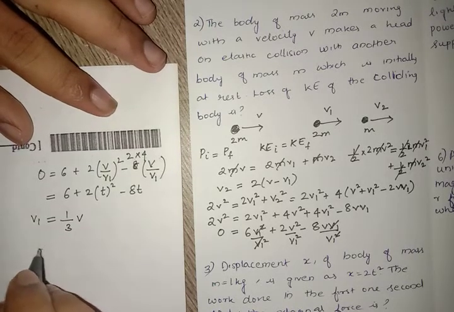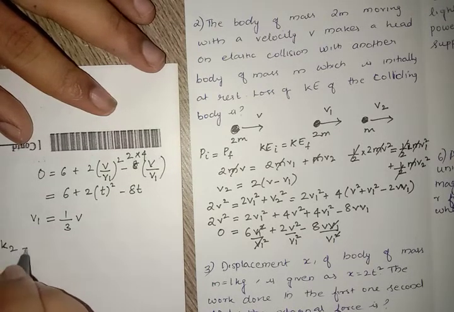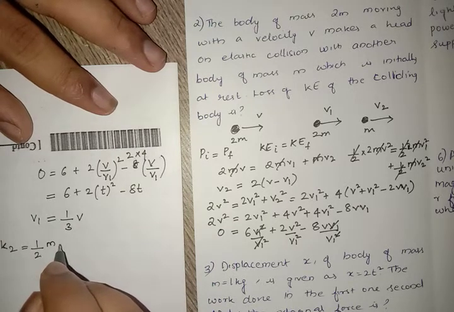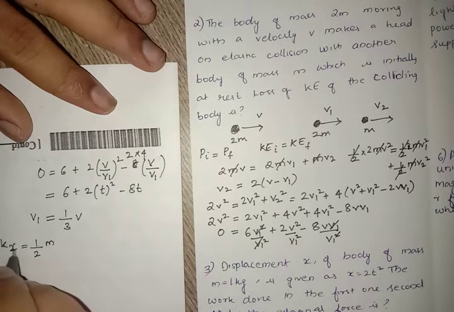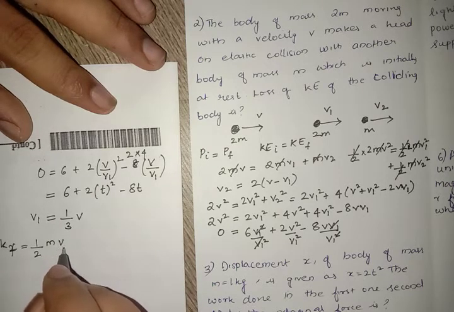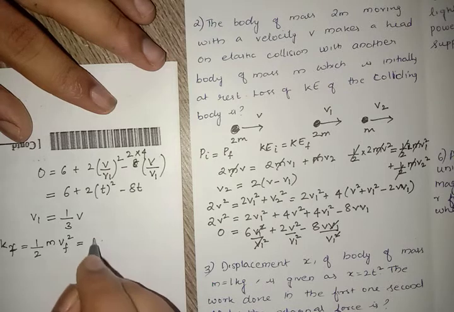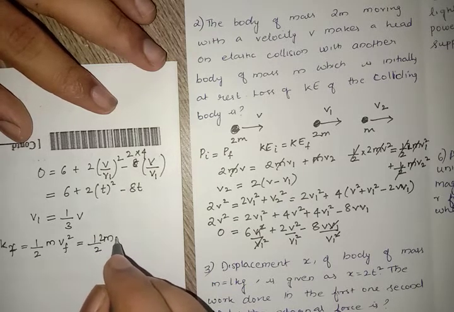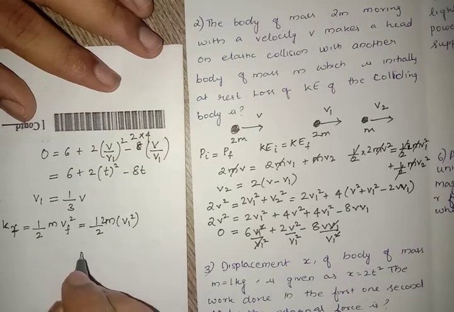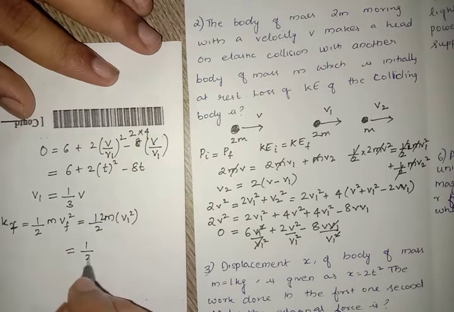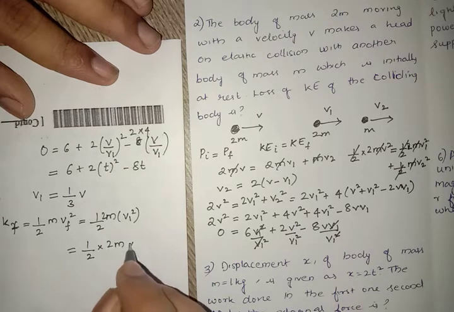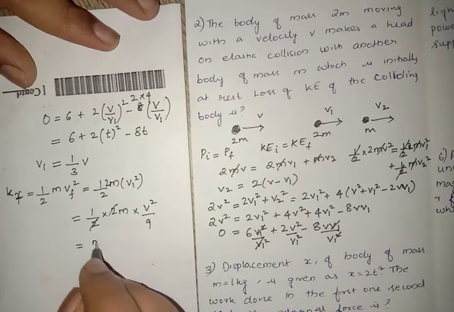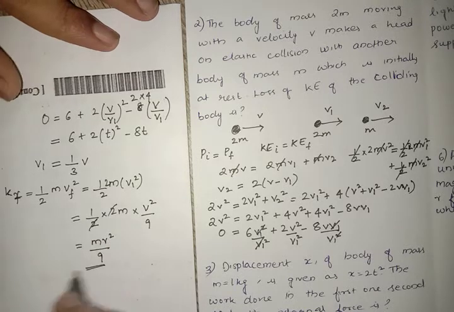So the final kinetic energy is equal to half into 2m into v1 squared, which is equal to 1 by 2 into 2m into v squared by 9, which is equal to mv squared by 9.